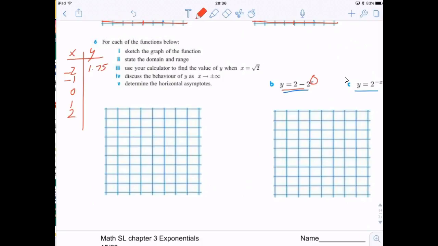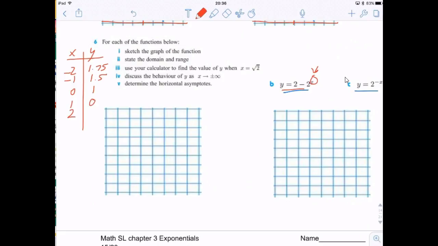If I put -1 in there, I'm going to get 2 minus 2 to the -1, which is 2 minus 1/2. That's 1.5. If I put 0 in there, it's going to be 2 minus 1, which is 1. If I put 1 in there, it's going to be 2 minus 2 to the first. 2 minus 2 is 0.